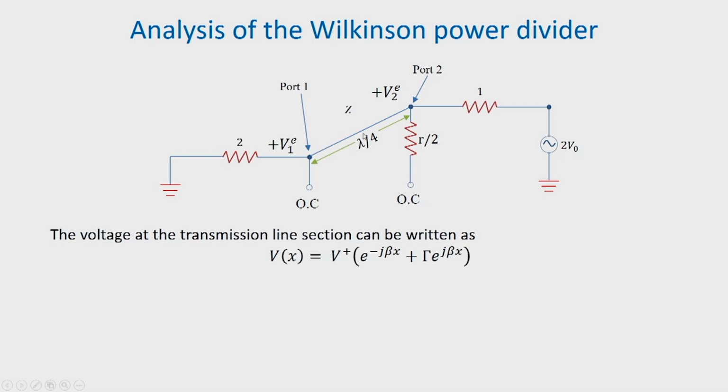Now, on this transmission line section, we can write voltage at any distance x, V(x), is equal to V plus into e to the power minus j beta x plus gamma into e to the power j beta x.